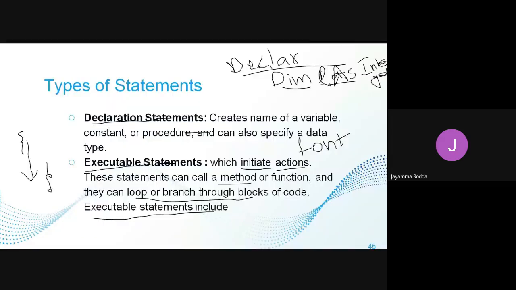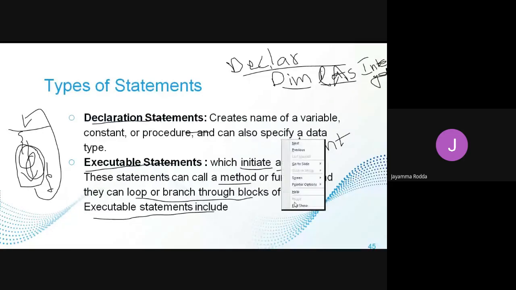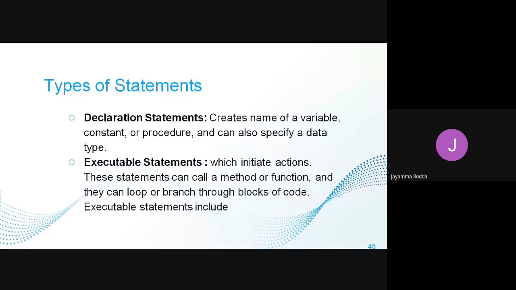If this is the block of code, the executable statements can either loop within this set of code, or branch to a particular location, check the condition, and execute this part of the code again. Executable statements are statements which initiate or start an action to be done by the list of statements.